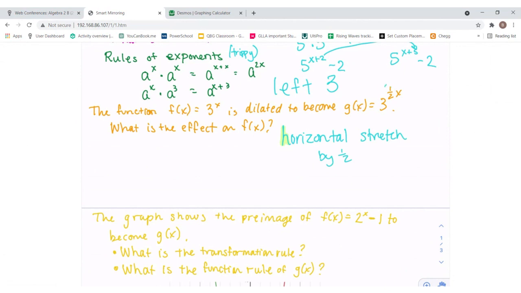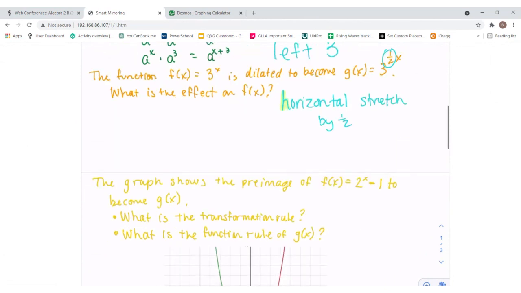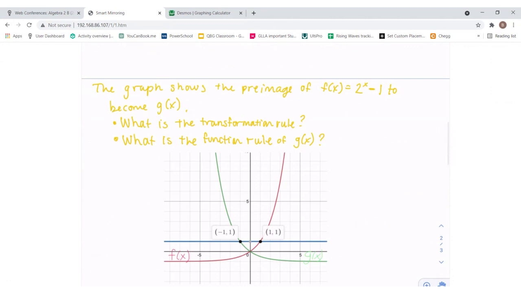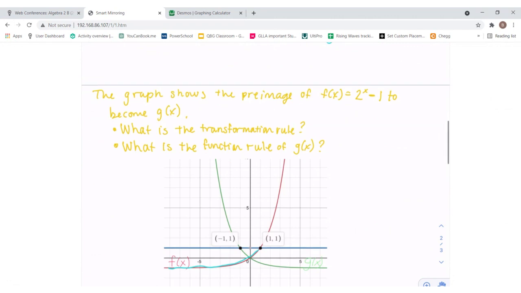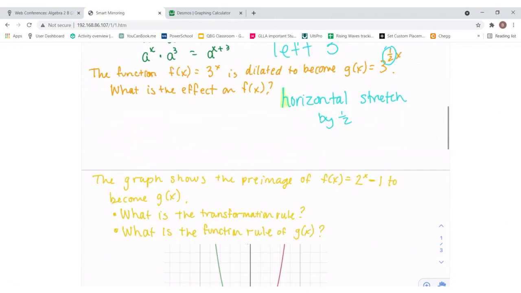All right, this graph shows the pre-image of 2 to the x minus 1 becoming g of x. What is the transformation rule? So it looks to me like this. This red one was the f of x, and then it reflected across the y-axis. So let's go up here. Which one reflected across the y-axis? It's this one right here.